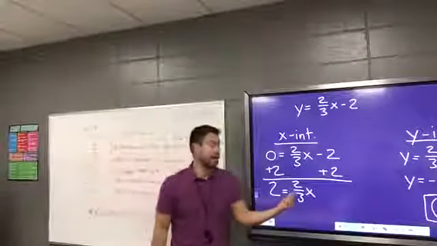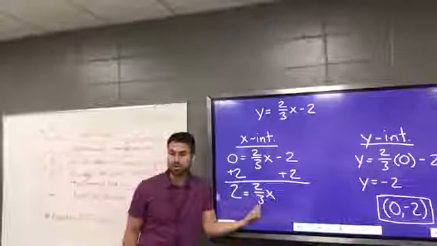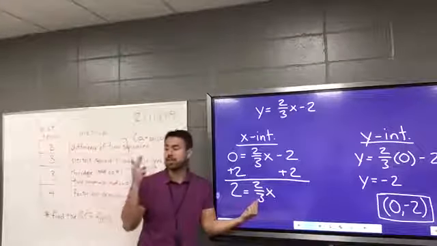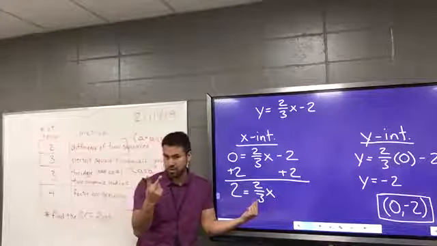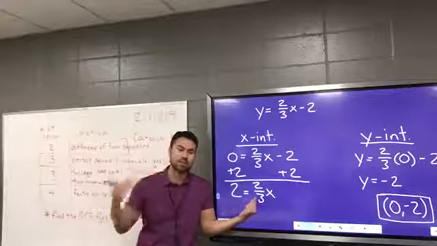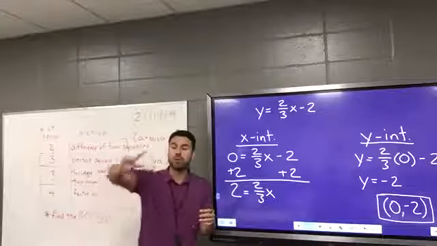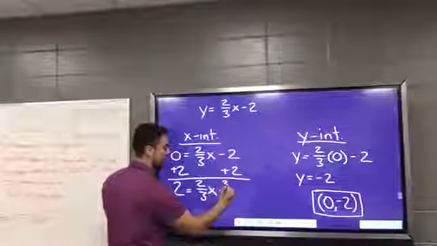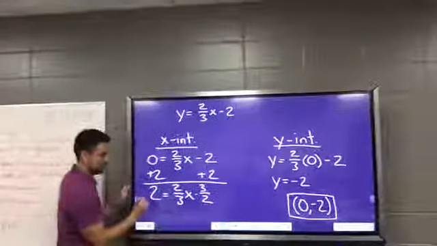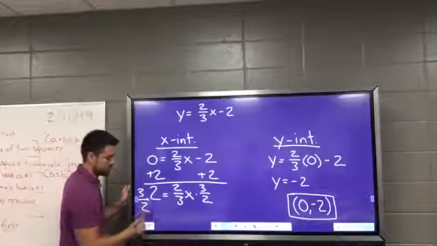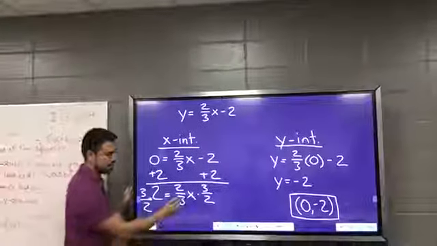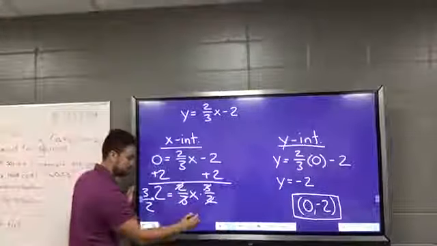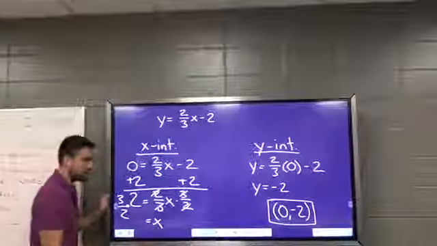Okay. X is being multiplied by 2/3. You can undo it in one of two ways. You can divide both sides by 2/3, or you can multiply by the reciprocal. I'm going to multiply both sides by 3/2. These cancel out, so I'm left with x, which is what I wanted.